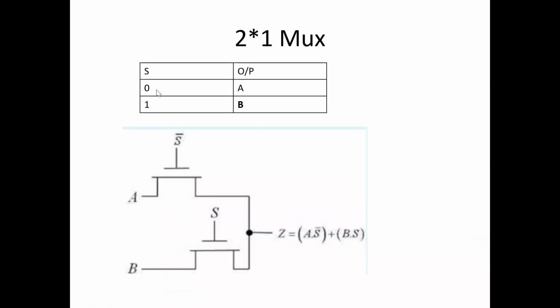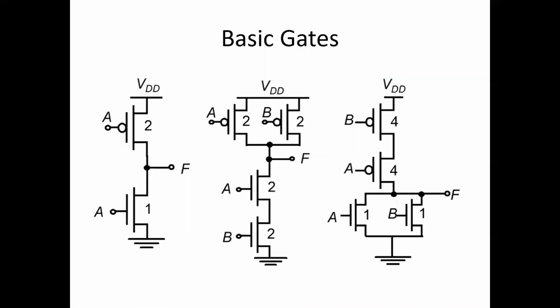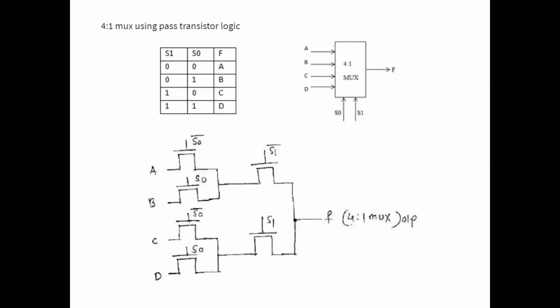Control signal again: when S is 0, it is A. When S is 1, it is B. So S0 means it is S bar, output will be A. When it is S1 means S, it will be B. Similarly, based on this, 4:1 mux can also be implemented. There are a lot of other logic circuits which can be implemented. So for now, you can try to implement half adder and other circuits also.